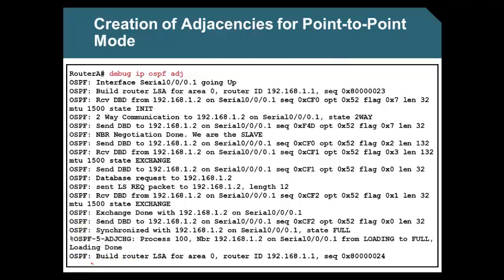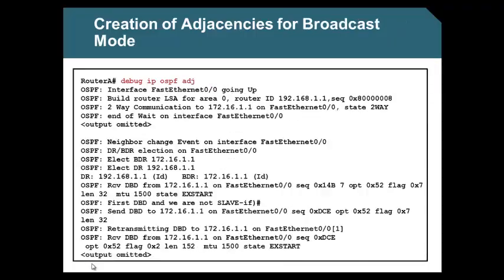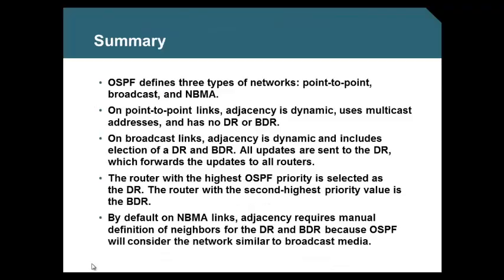So this chapter was about network types. NBMA has 5 types. Without NBMA, 2 types: point to point and broadcast. In NBMA: non-broadcast, point to multipoint, point to multipoint non-broadcast, broadcast, and point to point.